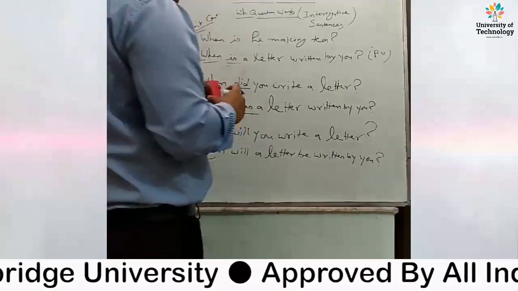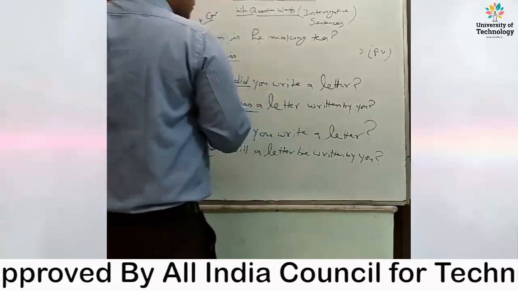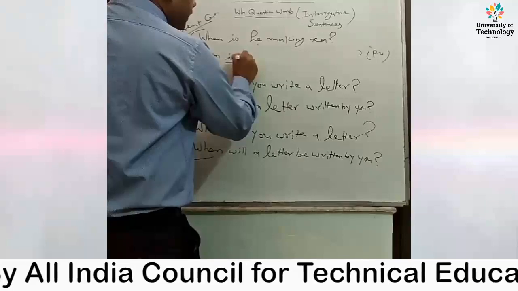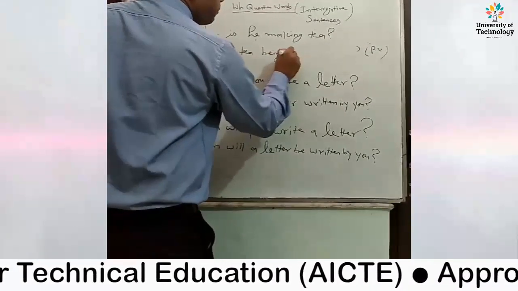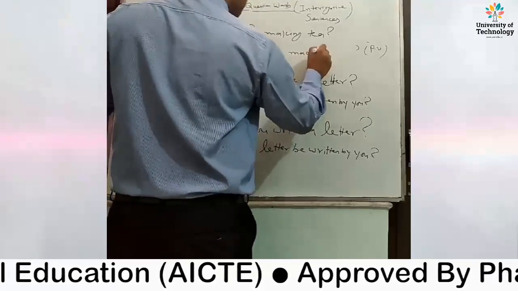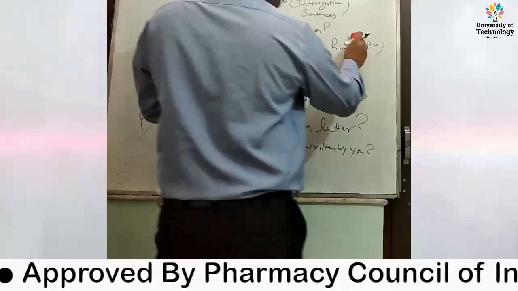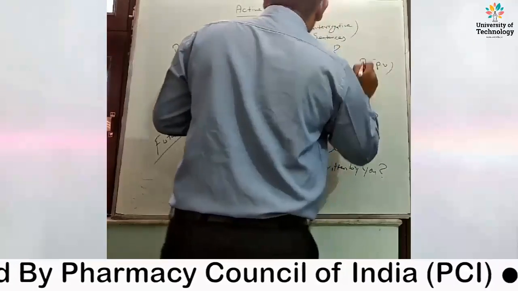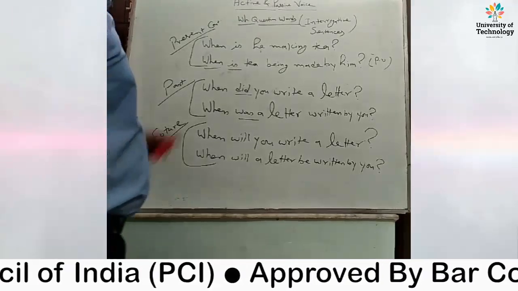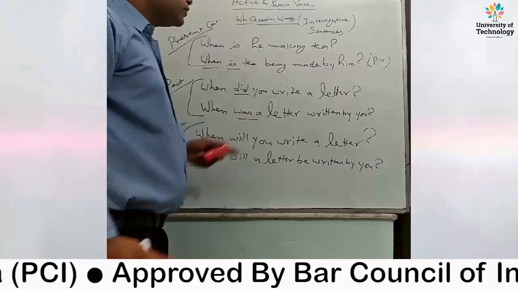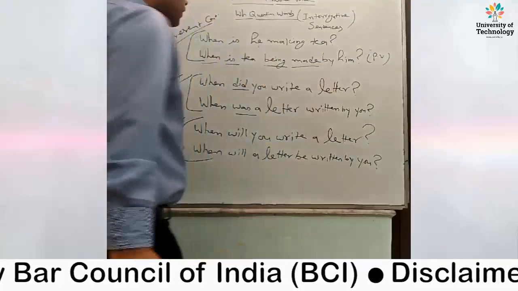So how to convert it? When is tea being made by him? When is tea being made by him? Because in continuous we use being and the verb's third form.